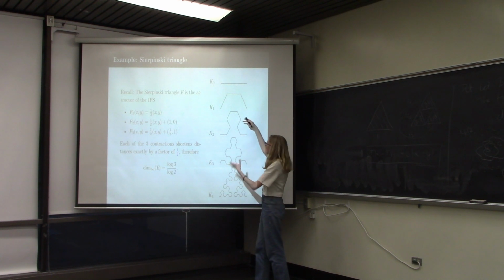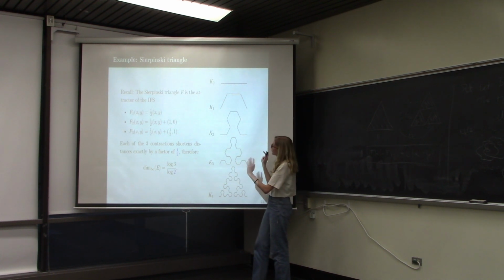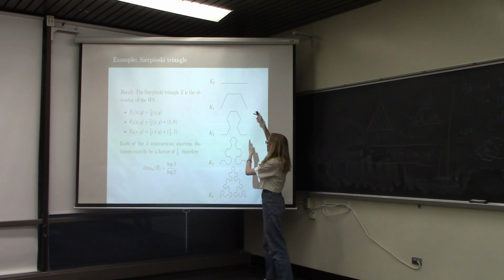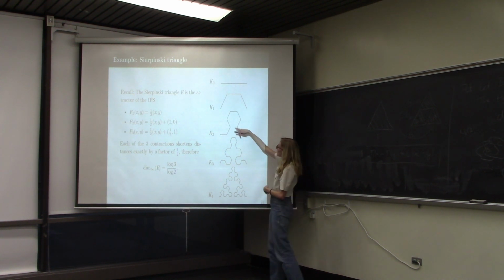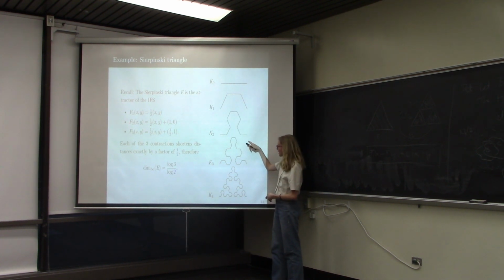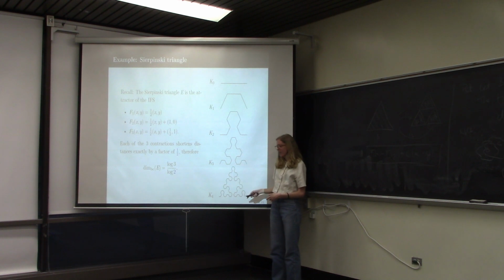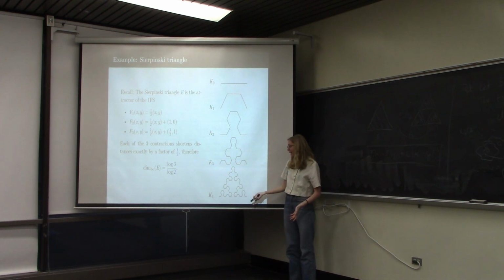So we take three maps, which are all shortened by this 1/2, and we sort of turn the set, and then we replace each straight line segment by something like this, and continue in this fashion. And it turns out that in the end we get the exact same thing.